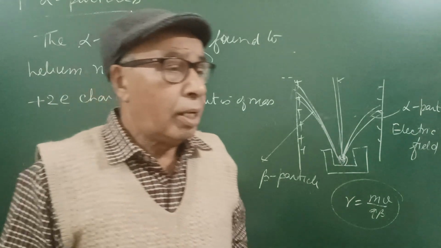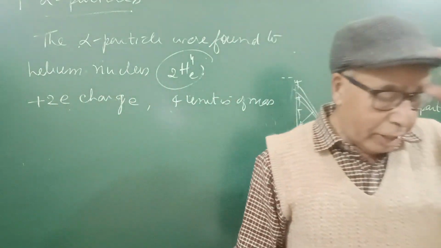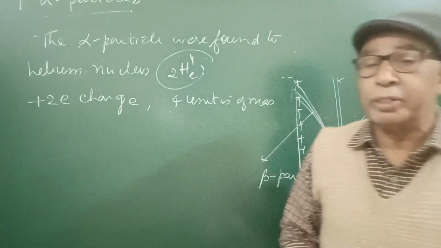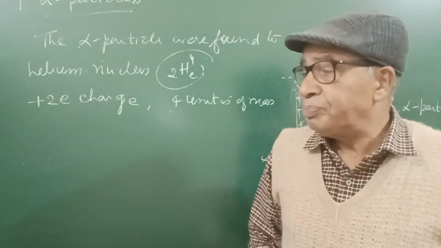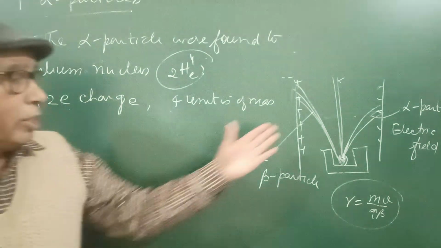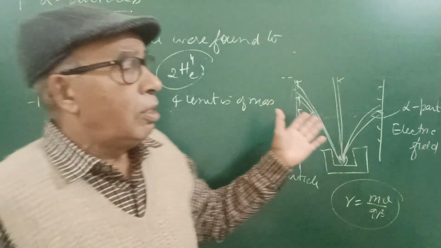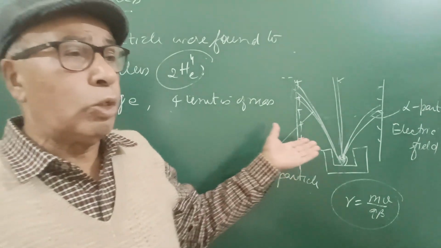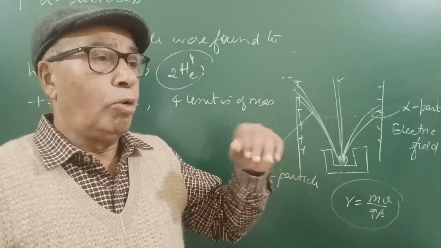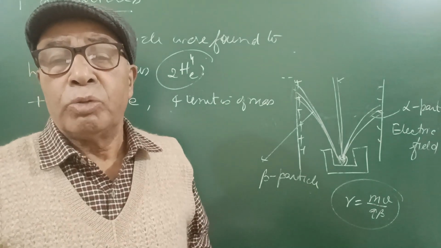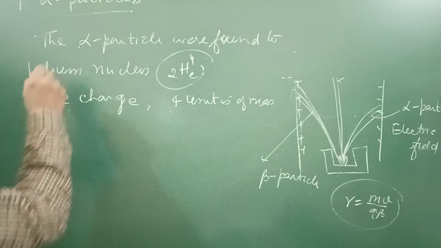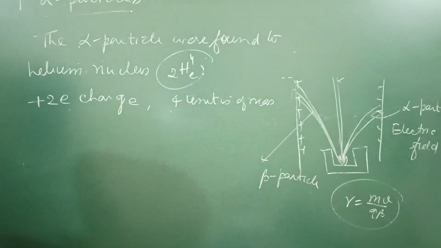It means when they strike the molecule, they knock out electrons. That phenomenon is called ionization. The molecule becomes an ion. So alpha particles can produce ionization.